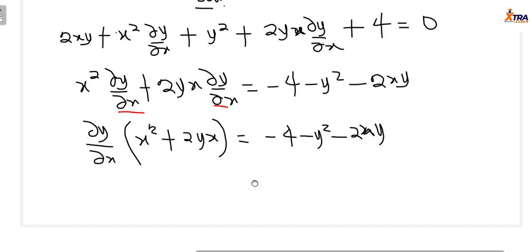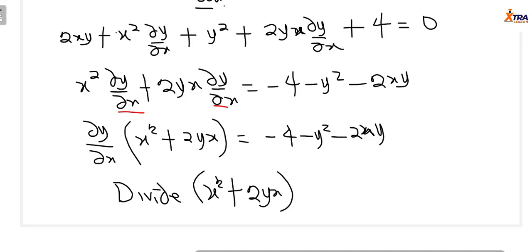So the next thing is to divide through with the bracket, x squared plus 2yx.